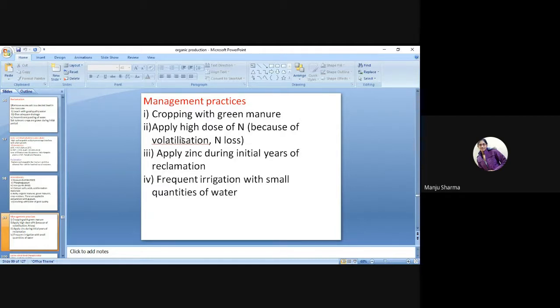Apply zinc during the initial years of reclamation and frequent irrigation with small quantities of water.